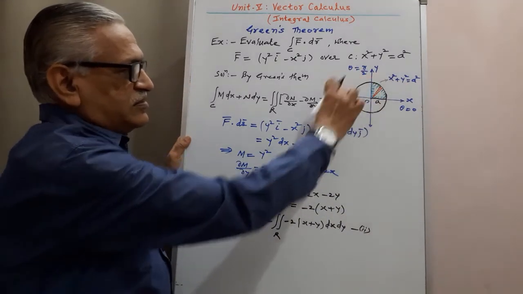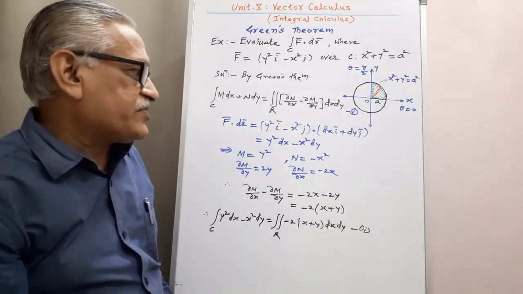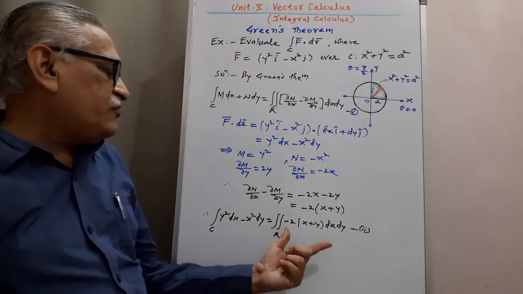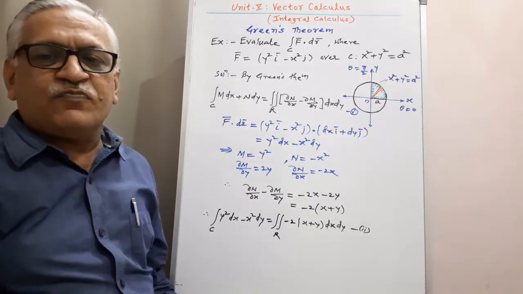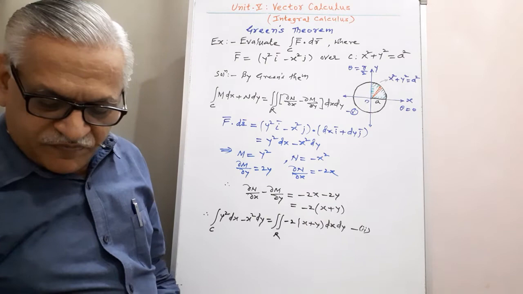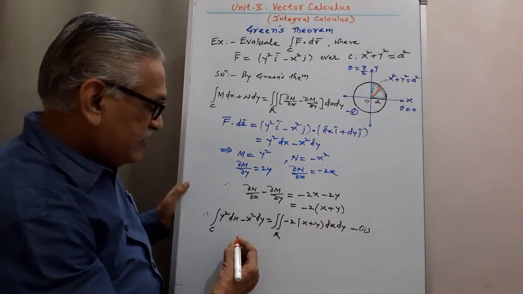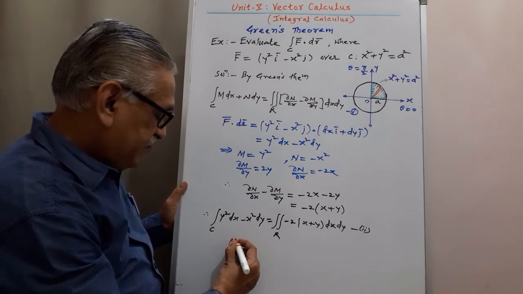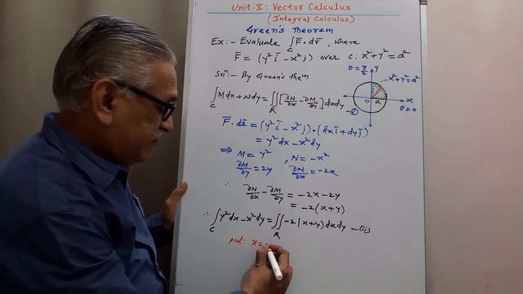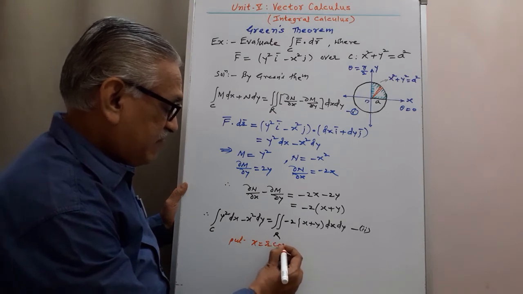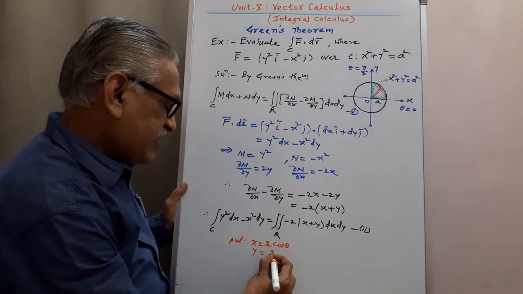Over that region, we have to find the value of the double integration, and to evaluate it, it is easy if we convert it into polar form, using x is equal to r cos theta and y is equal to r sin theta.